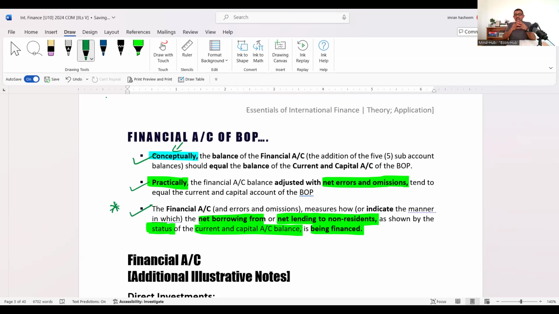So what does the financial account, after adjusting with net errors and omissions, show, and how does it indicate the outcomes of the current and capital account in terms of net lendings or net borrowings? Third point, I'm giving a bit of weight, a bit of importance that you have to take to your mind.